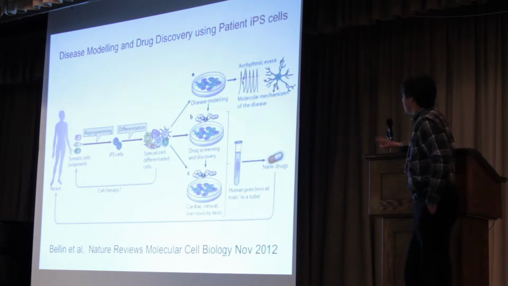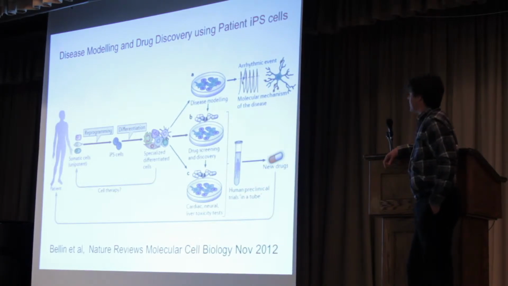In the middle, you show the specialized differentiated cells, which in our case here would be neurons. And up above, where it says A for disease modeling, you can grow these neurons in a dish and try and determine what may be different between the disorder neurons and the unaffected neurons.